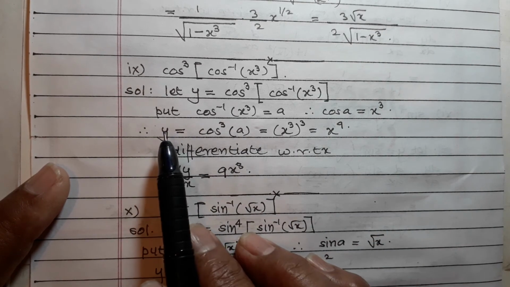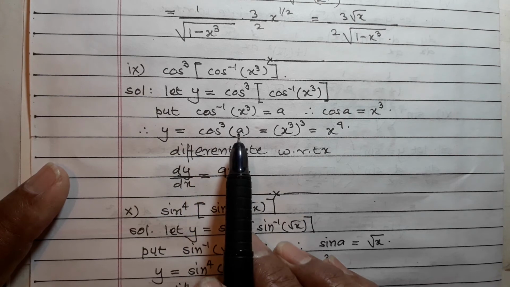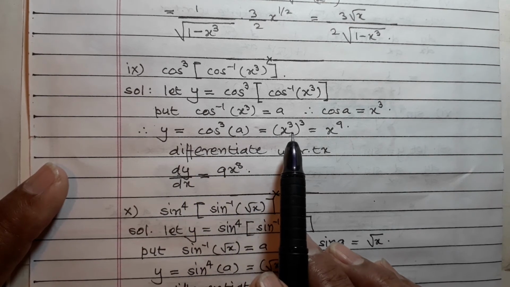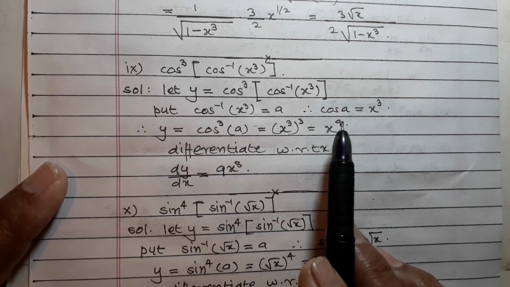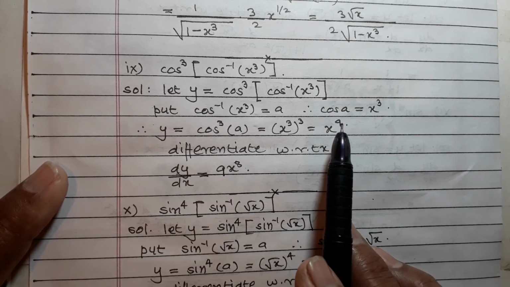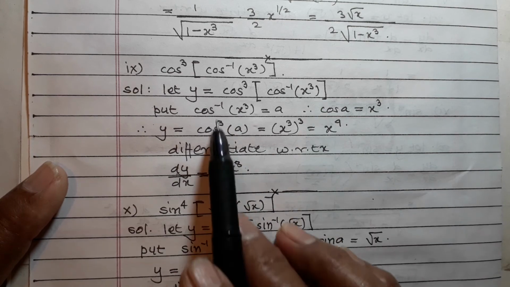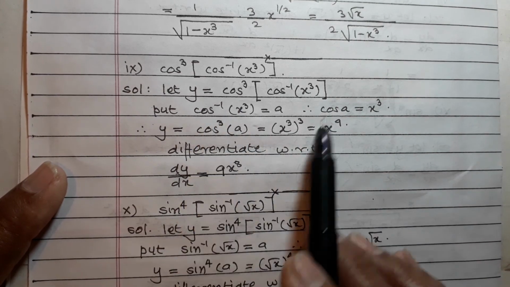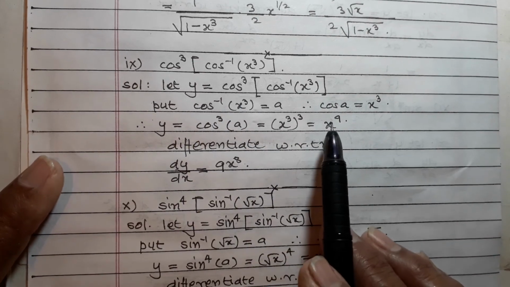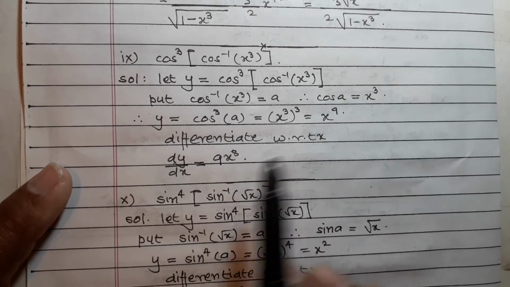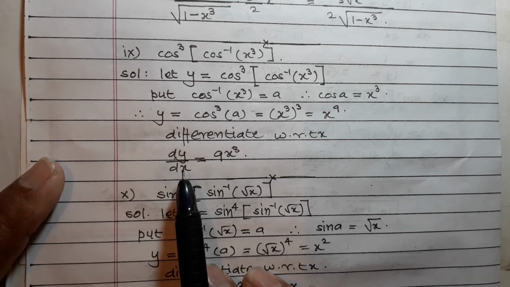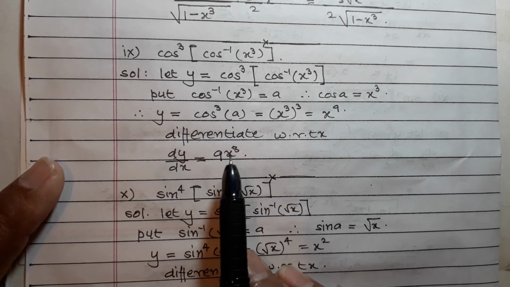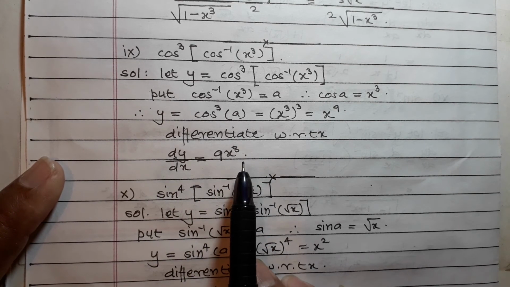Therefore y is equal to cos cube a, which is x cube raised to 3, and is equal to x raised to 9. So this simplification, you concentrate on this simplification. So that is equal to x raised to 9, and now differentiate with respect to x. dy/dx is equal to 9x raised to 8.